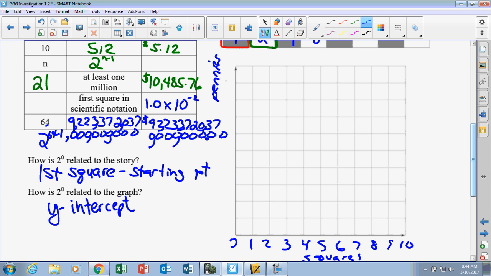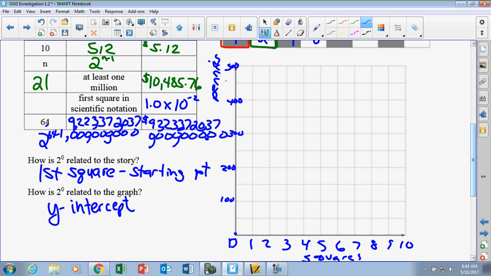So if we go to 500, so let's see here. So we go by 50. So here's 100, there's 200, there's 300. Right? So now it's going to be kind of hard to see, but that 0, 1, on a 0 square, right? Basically your first square, 2 to the 0 power.